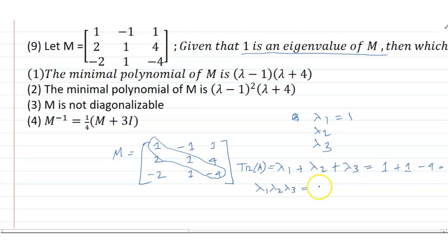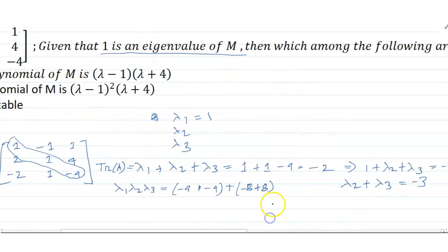Lambda 1 into lambda 2 into lambda 3 is equal to the determinant, minus 4. Computing the determinant: minus 8 plus 8 plus 2 plus 2.